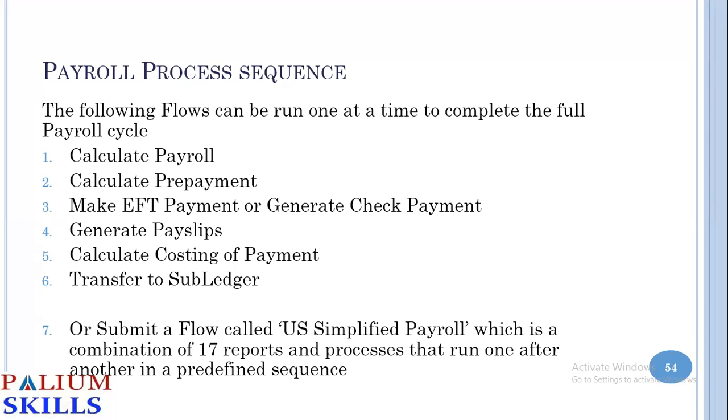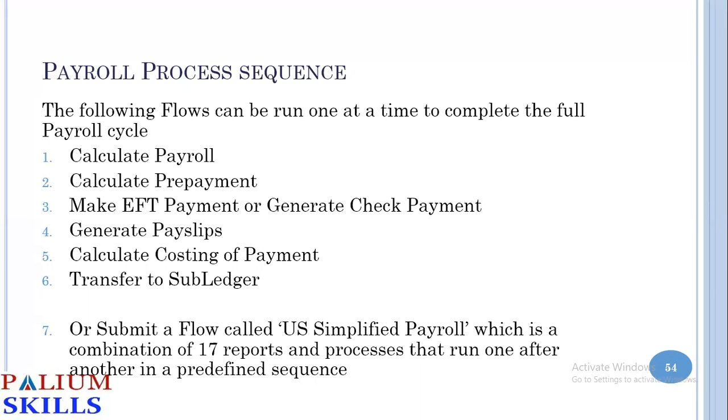It's a combination of 17 different reports and processes. But here it's showing only 6, so how come it is 17? There are different reports in those processes. Here you would run these reports as per your need, but since it's a predefined one, it will run through everything, even if you don't need it.